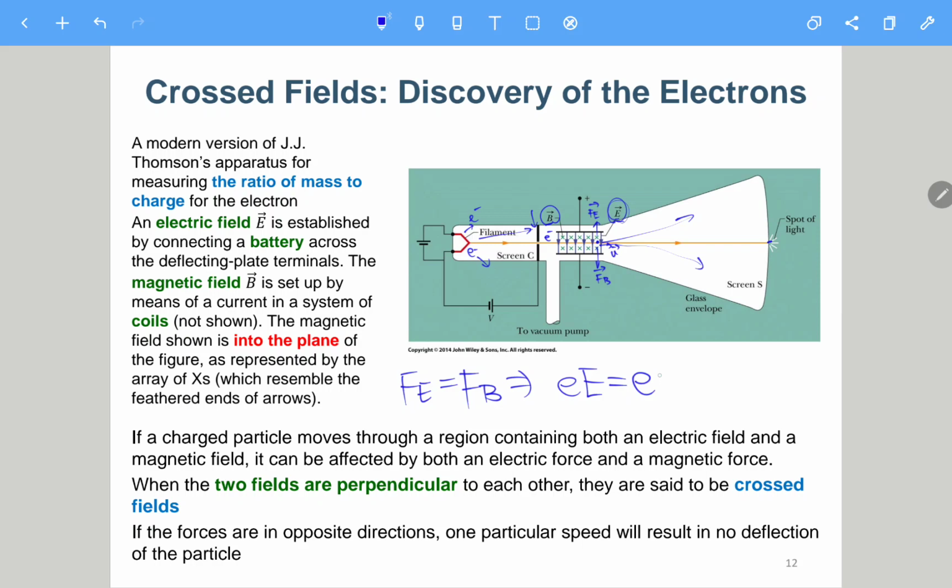So this is eE equals eVB, and then the e's cancel each other. So in that case, we will have E equals VB, or E over B equals V. In that case, we're able to get this value.